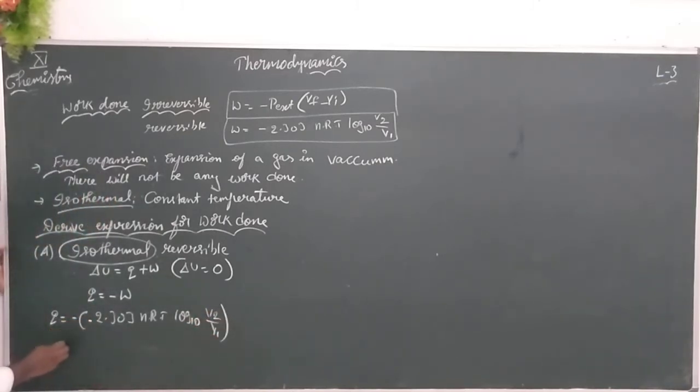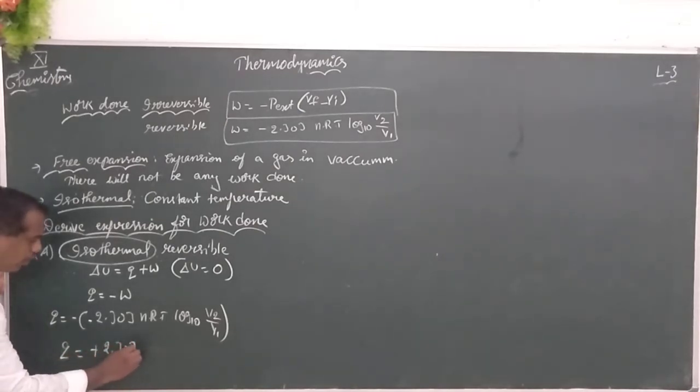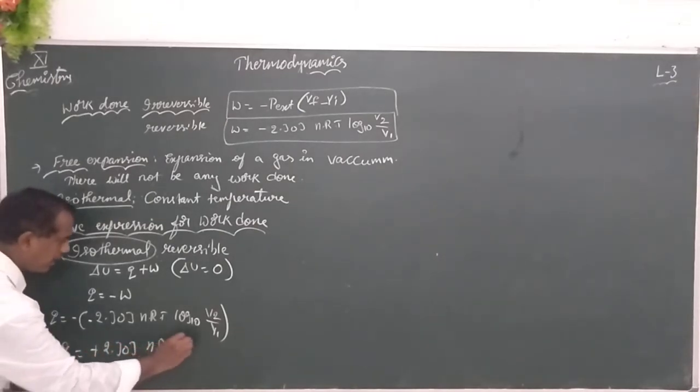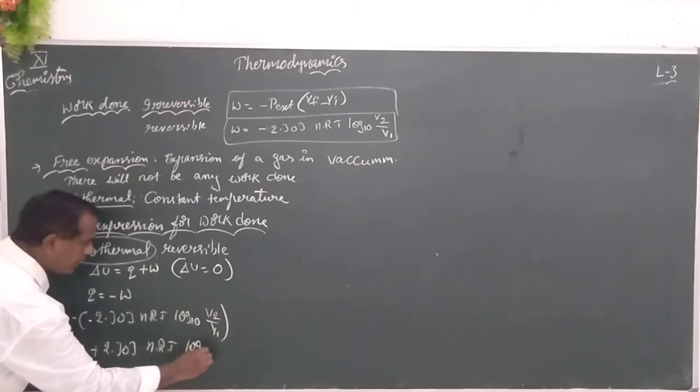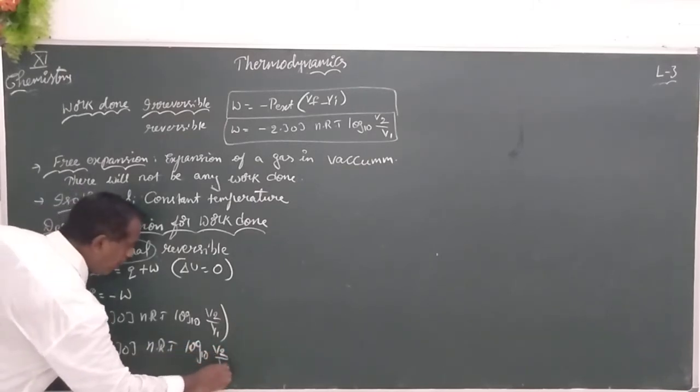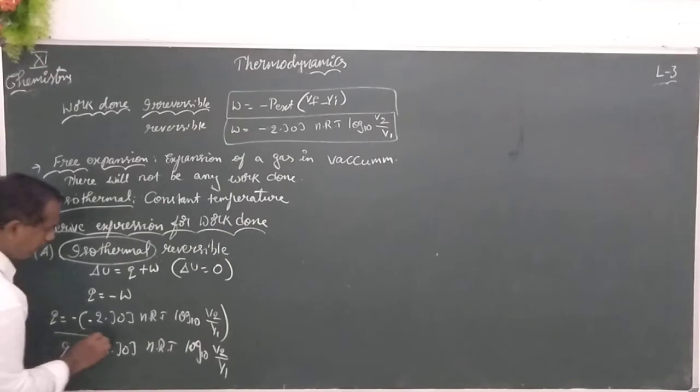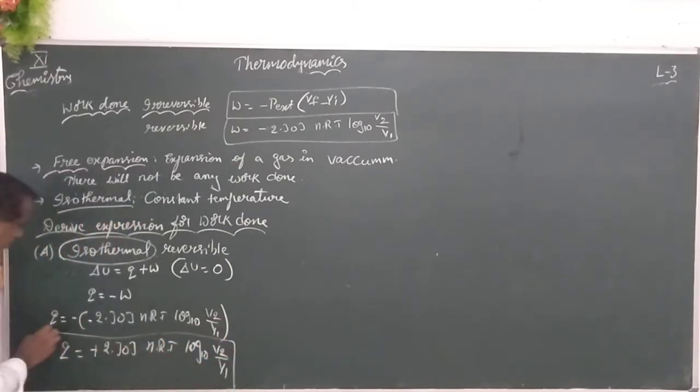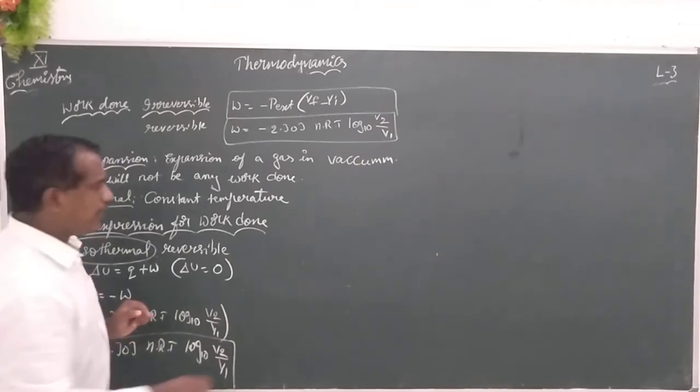So minus and minus will give a plus. So Q is equal to plus 2.303 nRT log base 10 V2 upon V1. So this is the derivation for the work done during isothermal reversible expansion of gas.